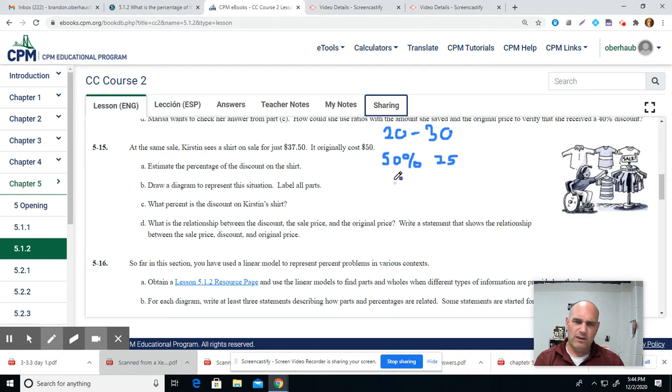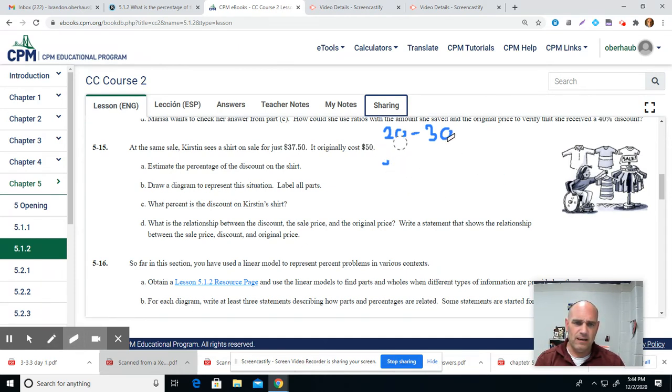And then if I took another half of that, that would be 25%, and half of that would be about 12.50. And that actually gives me 37.50. So it's going to be about 25% off. All right, that worked out pretty well.